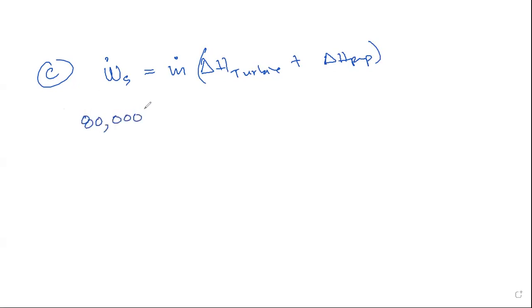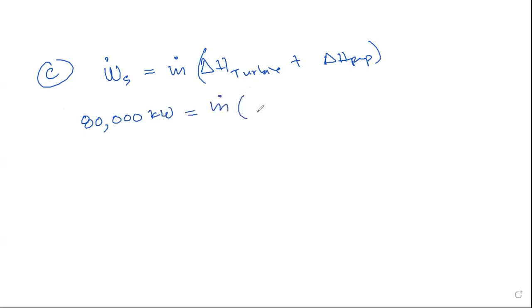The only formula we will use is Ws dot equals M dot times delta H turbine plus delta H pump. Given that the power, Ws dot, is 80,000 kilowatts, just find M dot.